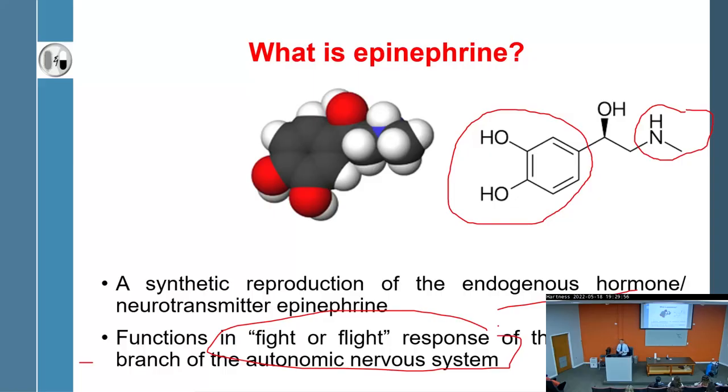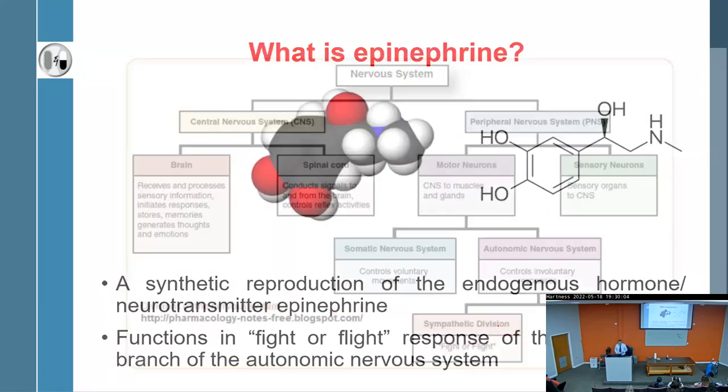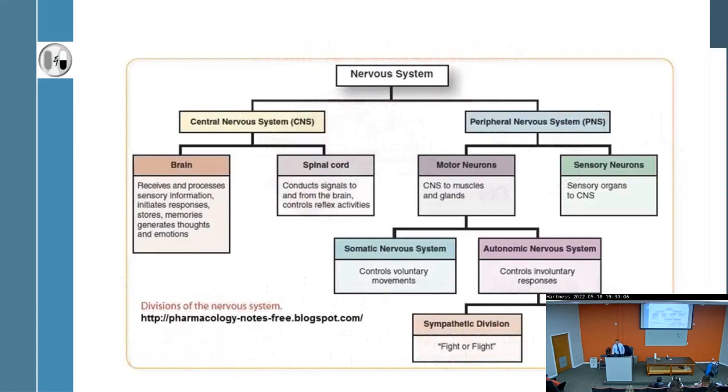Okay, so those actions are some examples of what's called the autonomic function. The autonomic nervous system has two arms. The autonomic nervous system controls the involuntary responses, right? And we have the sympathetic and the parasympathetic division.